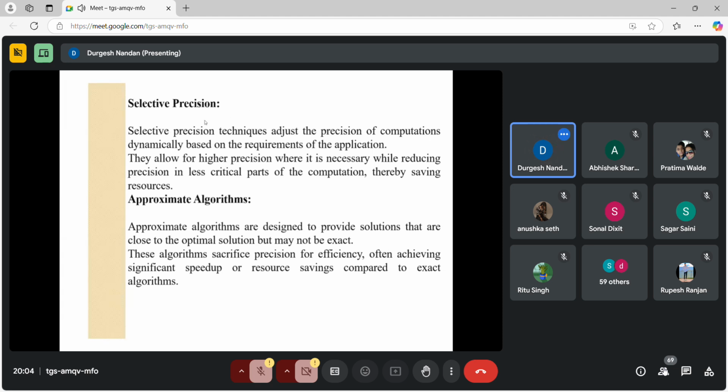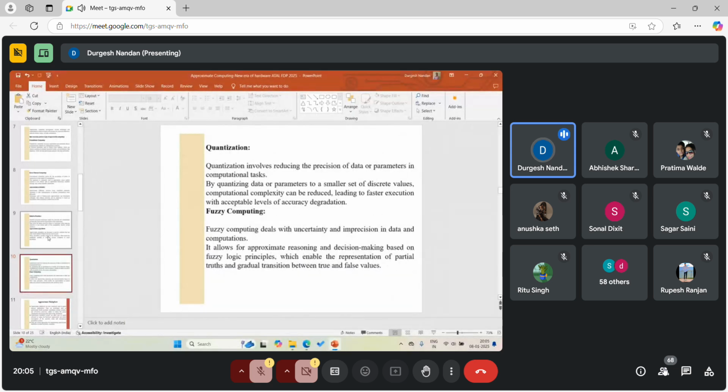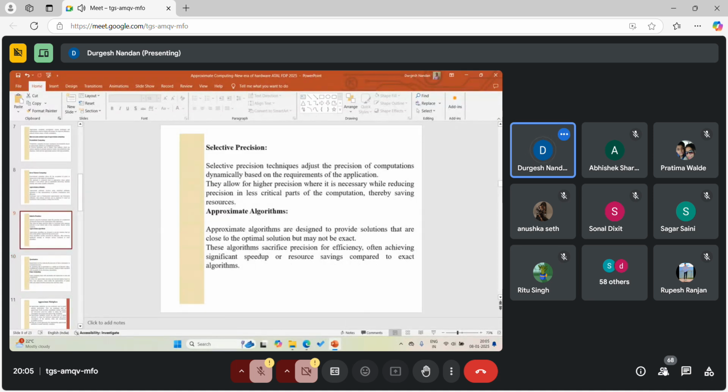Now there is another term: approximate algorithms. In that, we discuss a few selected approximate algorithms for multipliers and a few selected algorithms for adder circuits. Before that, we do a general discussion of approximate algorithms.